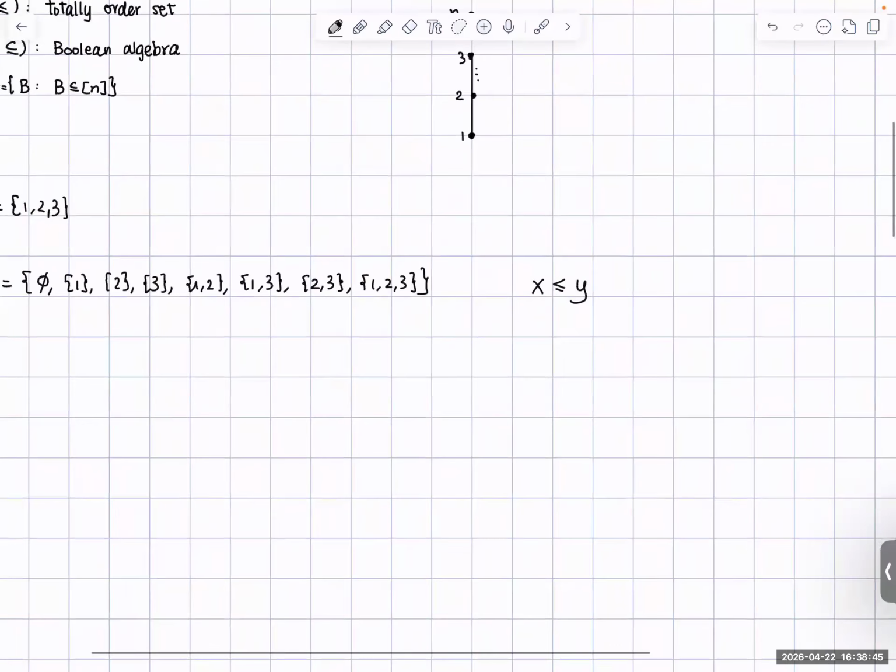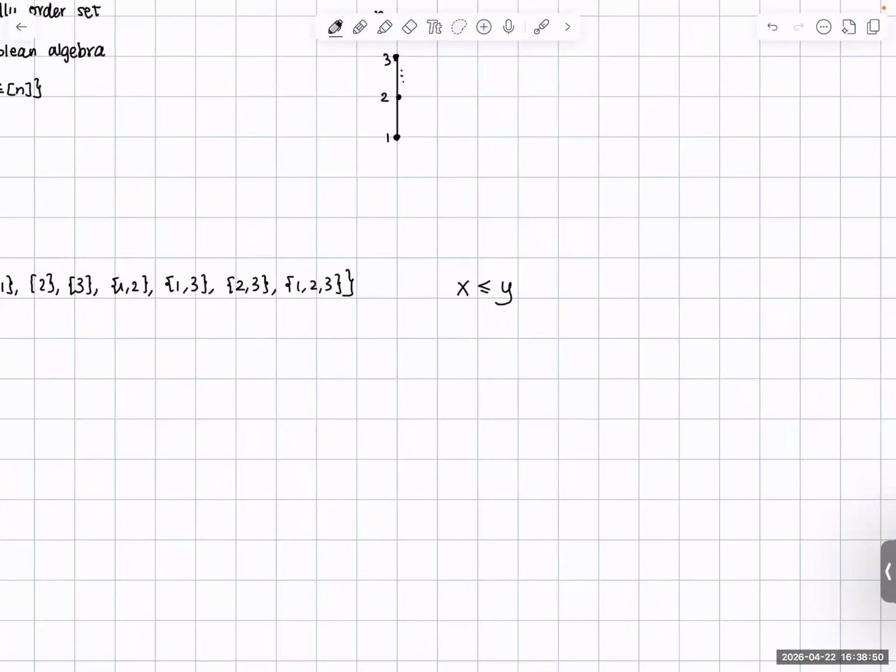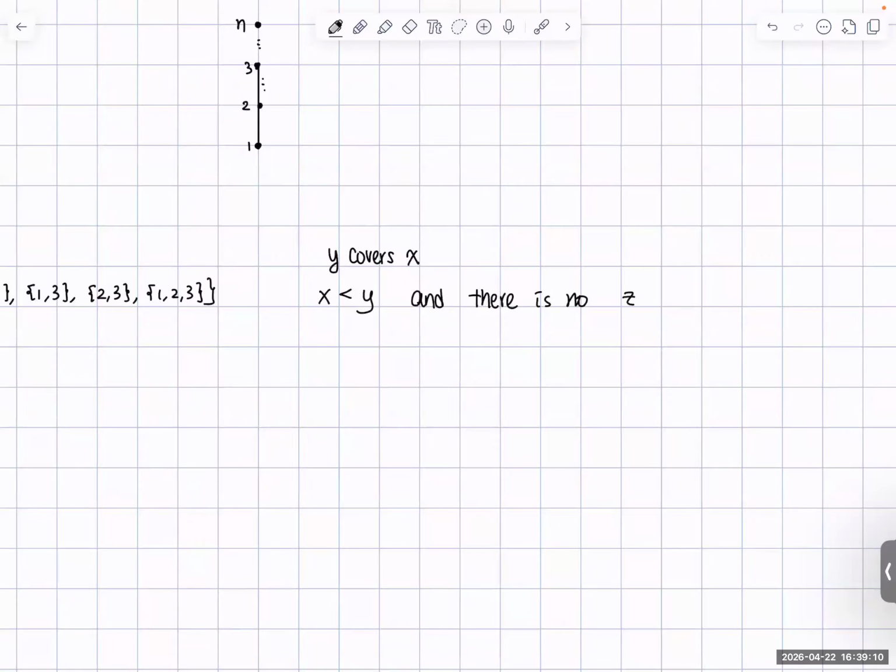Here we say that two things are related, but we also say X covers Y. Oh, sorry, Y covers X. Y covers X, meaning that, first of all, Y is bigger than X, and there is no other Z in P such that Z is in between. That just means it's directly bigger than X instead of having something in the middle.